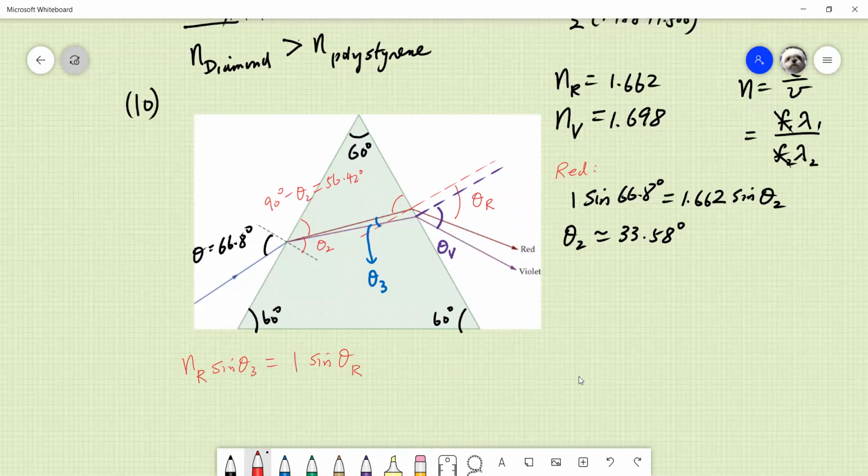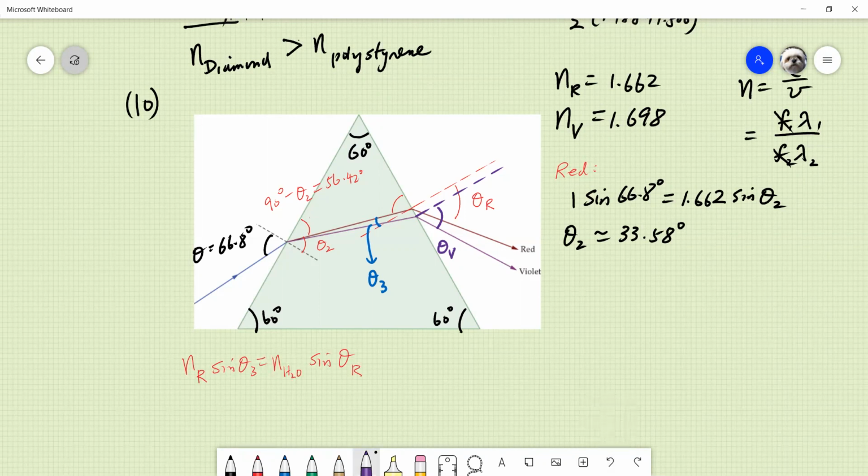The angle between the normal and the red line will be the angle of refraction for the red beam, and the angle between the violet normal and the violet line will be the angle of refraction for the violet light. You got it?